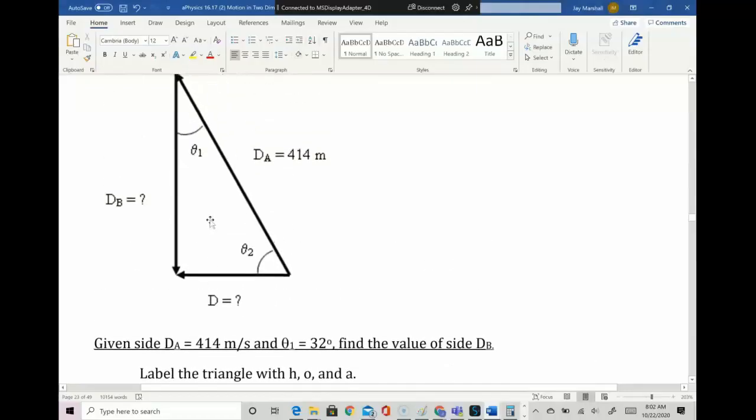If I know that this is 414, and I got 96.7, that doesn't make any sense, does it? According to my triangle, this line should be a lot longer than 96.7. It's almost as long as that 414.